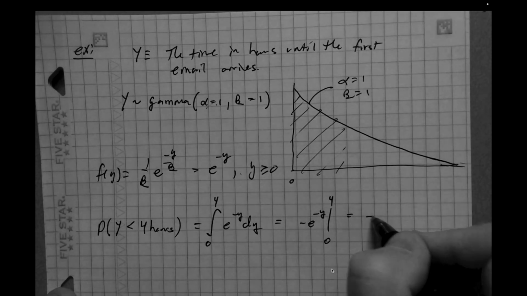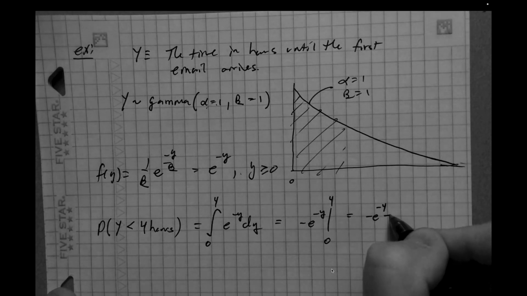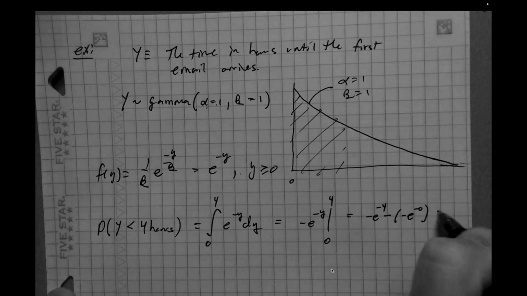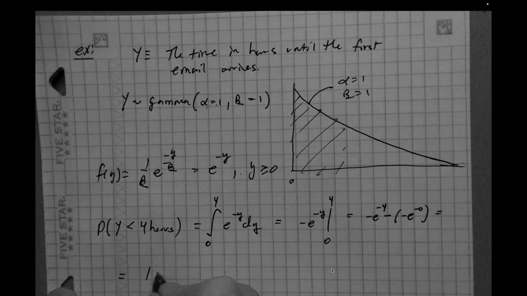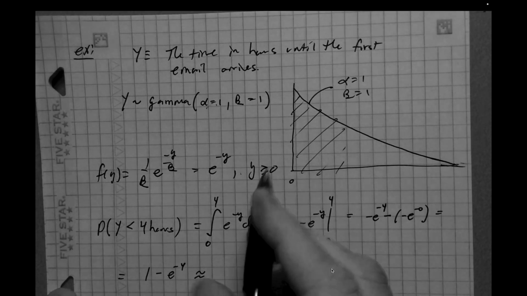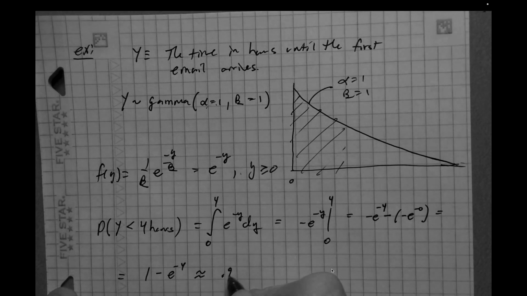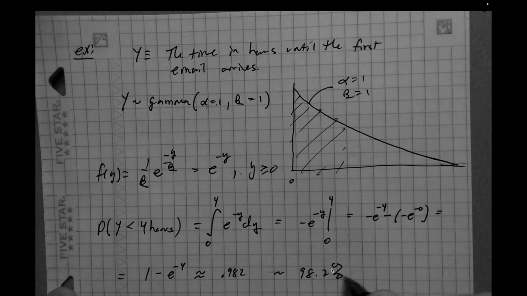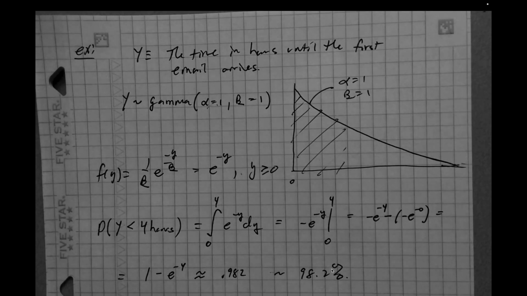And so I get negative e to the negative 4 minus negative e to the negative 0. So 1 minus e to the negative 4, and so this is approximately 0.982. So about 98.2%.